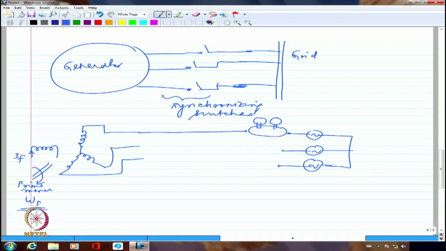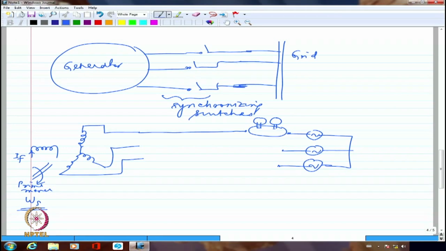Why do we connect two lamps? Because normally our machine is going to be rated for 230 volts per phase or 400 volts line to line. So if I put only one bulb, this is all single phase bulbs. Whatever bulbs we are using normally are working on single phase. That is only 230 volts. If I apply 400 volts, it will not be able to withstand. So it is better to put two of them in series.